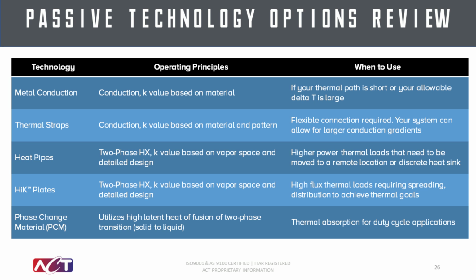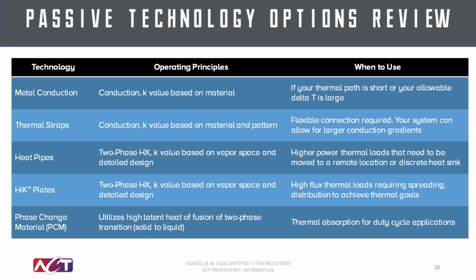Those systems inherently are the most simple, and certainly we would recommend that direction as well. When you need to transfer that power, and conduction will work, but you need some type of a flexible joint, looking at thermal straps is another way to solve your problem. A thermal strap is essentially a braided form of that base metal that has some flexibility to it.